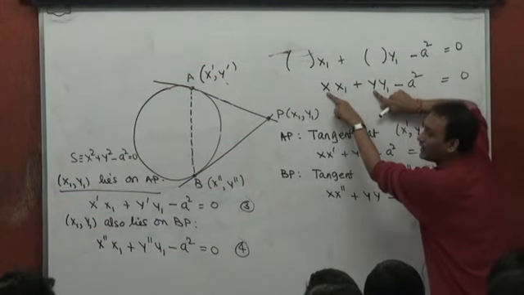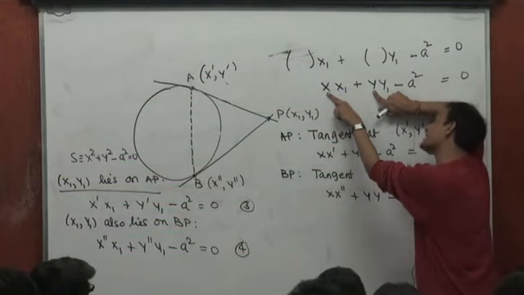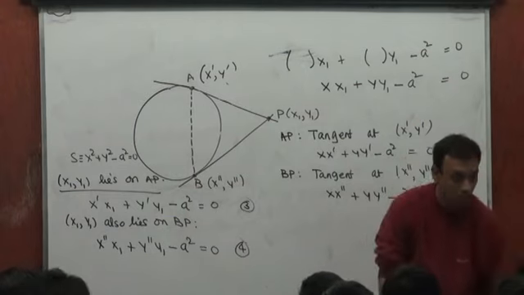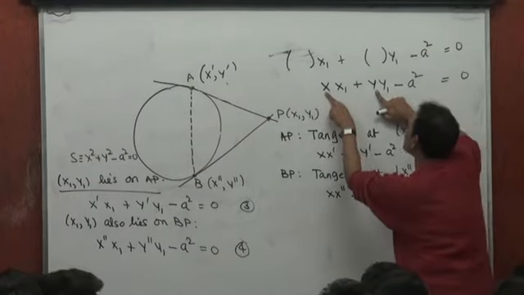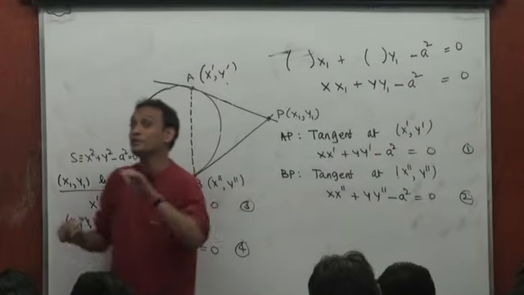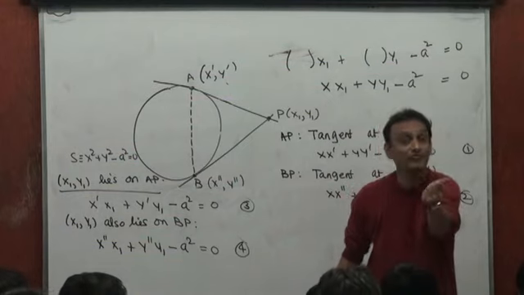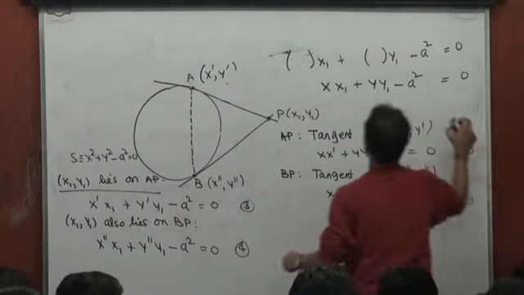When this x, y is replaced by x prime, y prime. What's equation 4? When this x, y is replaced by x double prime, y double prime. Yes or no? Right.